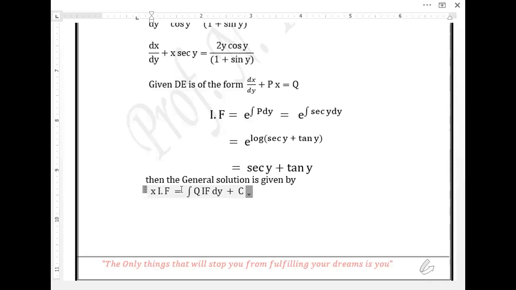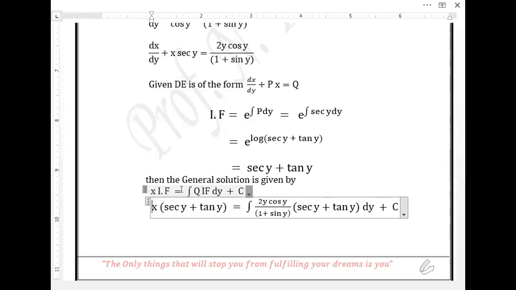So we got x into (sec y + tan y). On the right hand side, Q is 2y cos y over 1 + sin y, times sec y + tan y, which is my integrating factor, dy, plus c. Again, we know that sec y is 1 upon cos y, and tan y is sin y upon cos y.